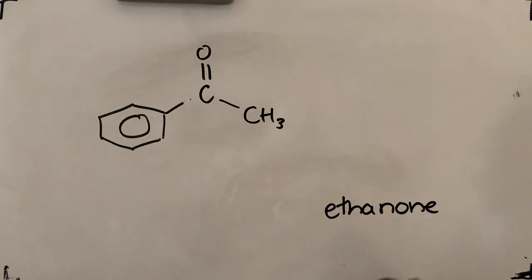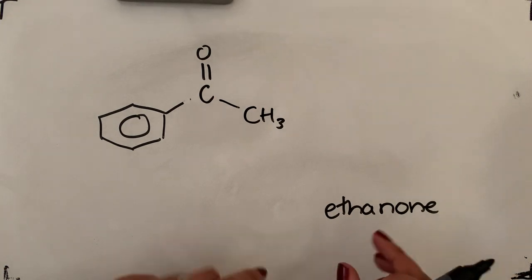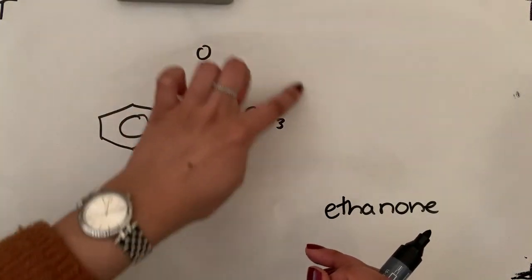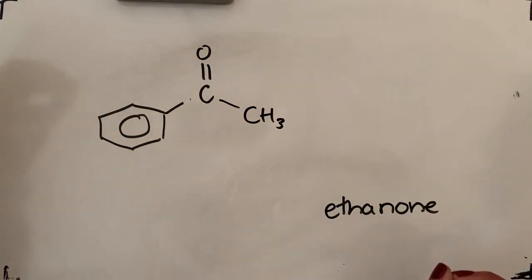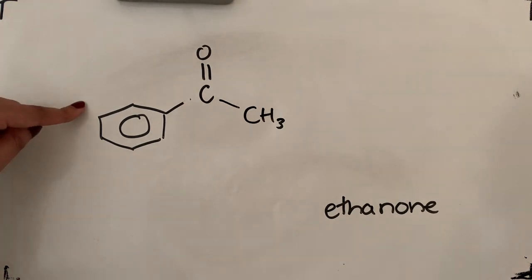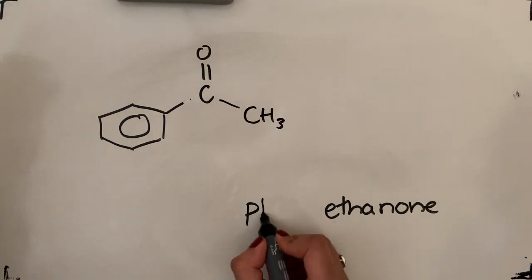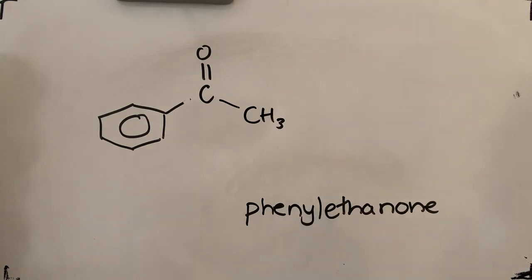So -one being a ketone, eth- being the fact it's got 2 carbons in it. So the ketone is the parent compound, and the substituent is now our benzene ring. As a substituent, we call it phenyl, and therefore this compound here is called phenyl ethanone.